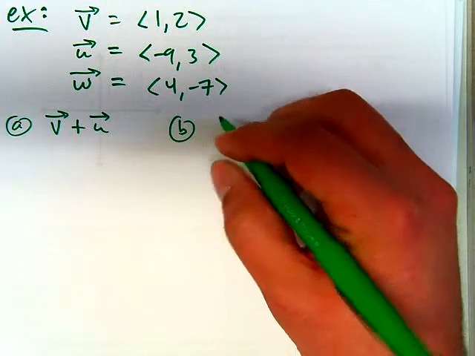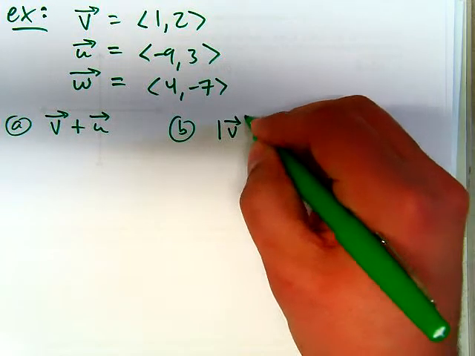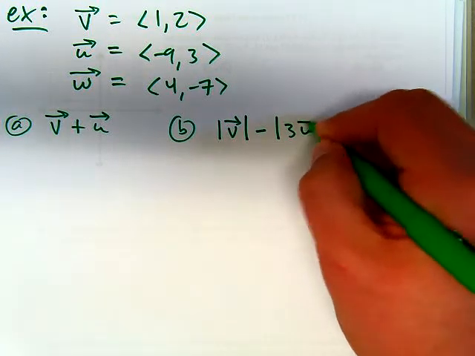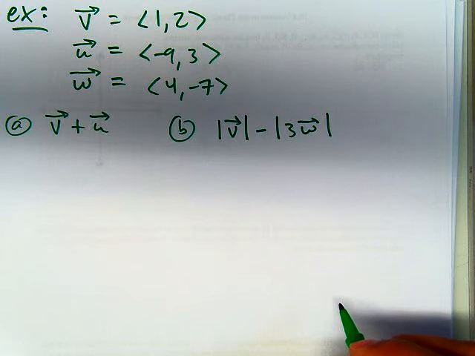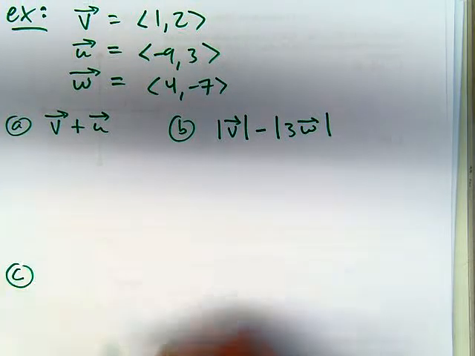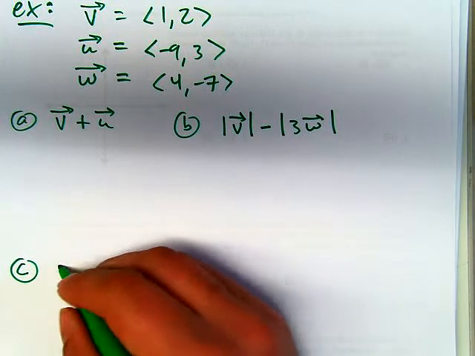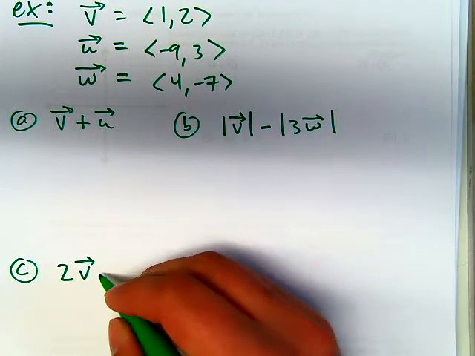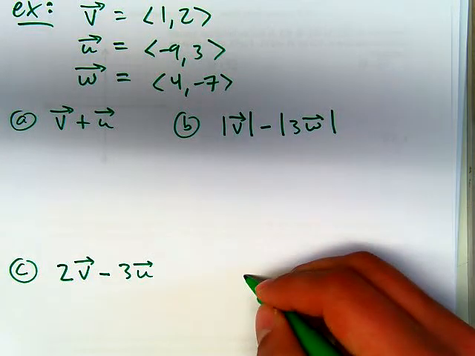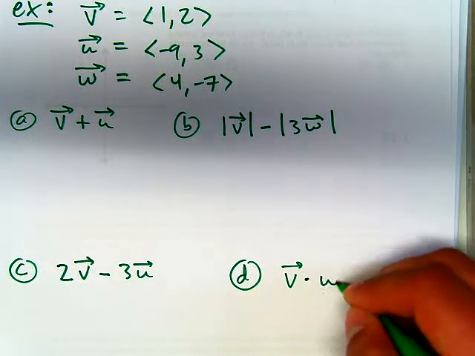Part B, let's say I wanted to find the magnitude of v minus the magnitude of 3w. And for C, let's say I wanted to take 2v minus 3u. And for D, let's say I wanted to take v and then dot it with w.